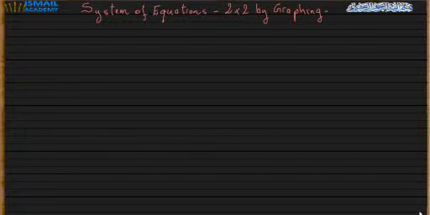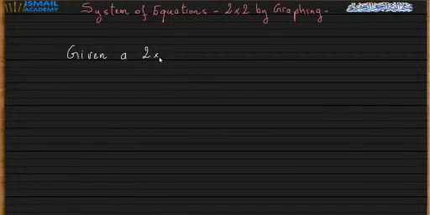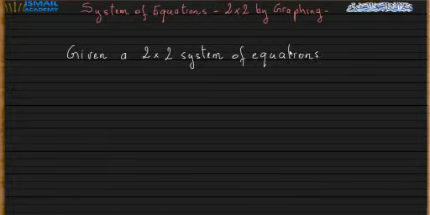So let's start. Given a 2 by 2 system of equations, we have ax plus by equals c, a1x plus b1y equals c1.